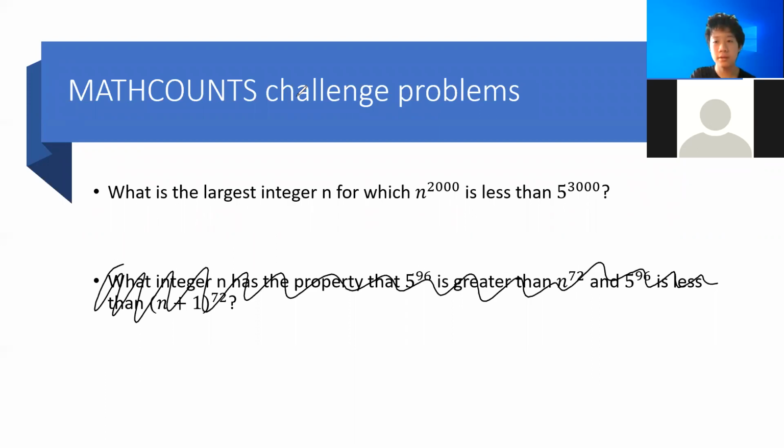One more minute. Because if you know the trick to this problem, then it should be pretty easy.